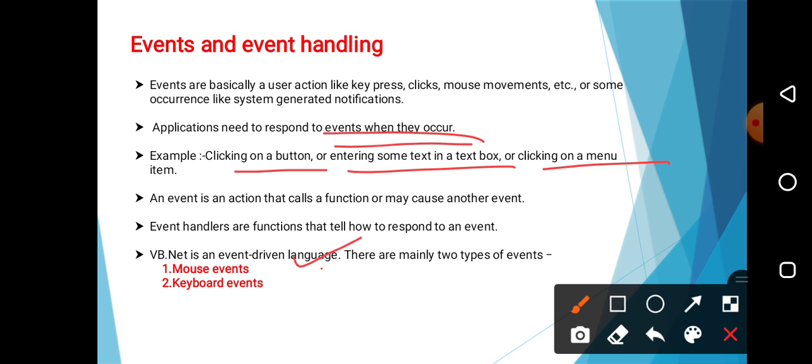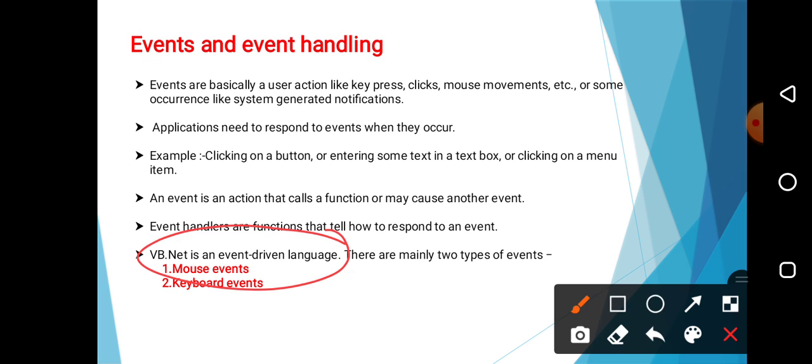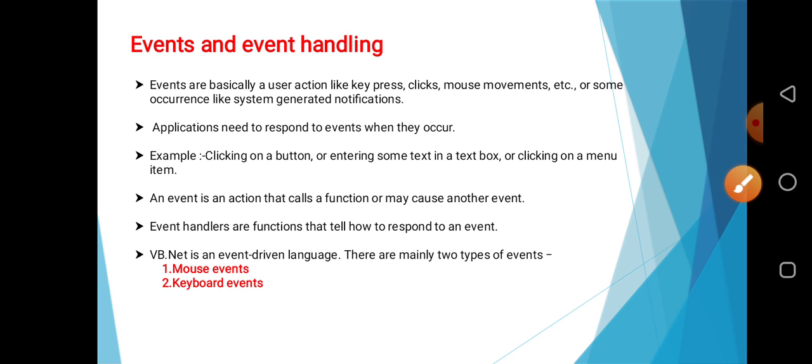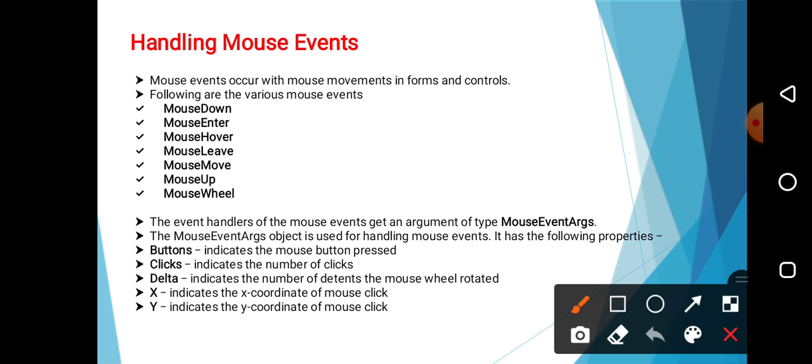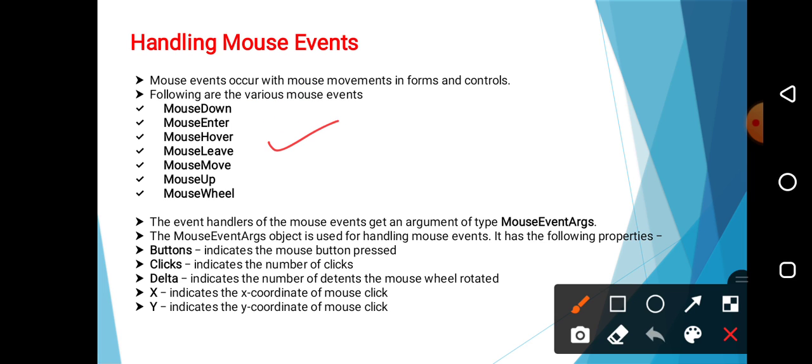There are two types of events, mouse event and keyboard event, because VB.NET is an event driven language. As we are going to develop GUI applications, there are two types of event, mouse event and keyboard event. Let's see what the different mouse events are. MouseDown, MouseEnter, MouseHover, MouseLeave, MouseMove, MouseUp and MouseWheel. Now MouseWheel means you are scrolling the wheel of the mouse.